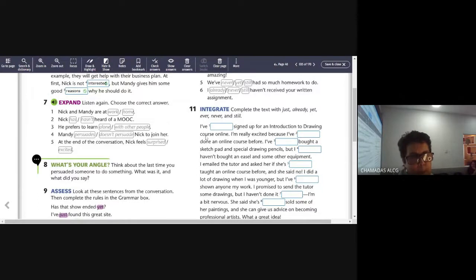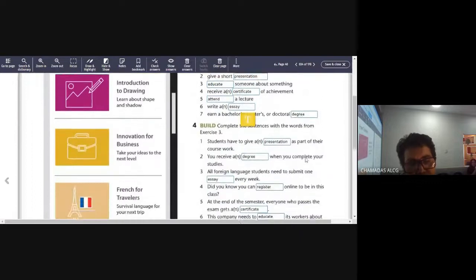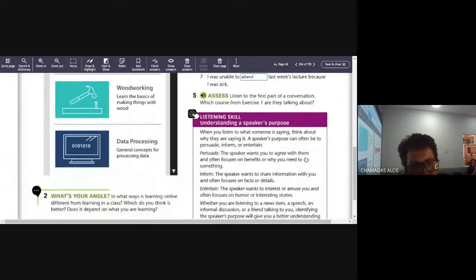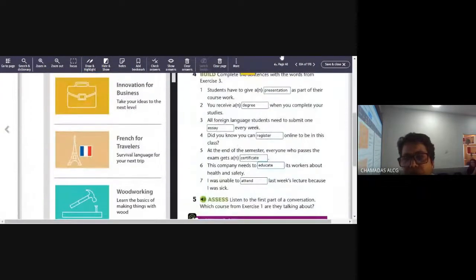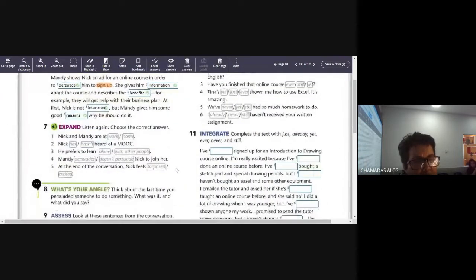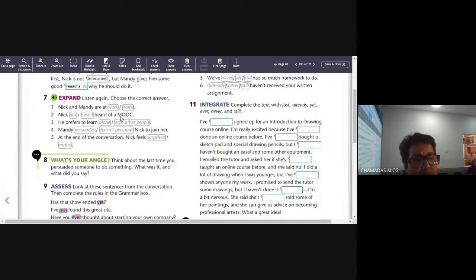Does it have anything to do with online courses? Yes. It has to do with online courses. I guess on the previous page, we have something about it somewhere. Okay, so MOOC stands for Massive Online Courses.